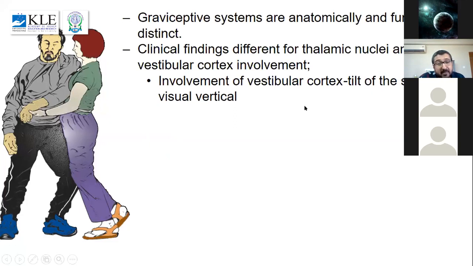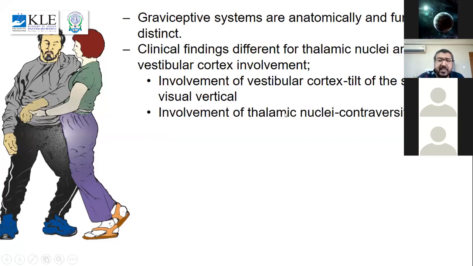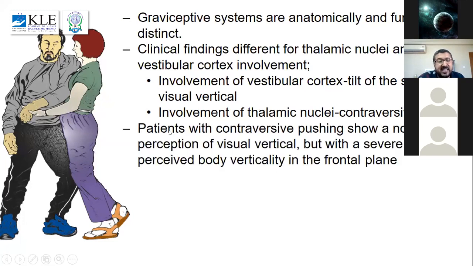But at the same time, though it is tilted, they will not have any heavy apprehension, and the pushing phenomenon won't be there. Though they are tilted, the pushing nature won't be there. On the contrary, if there is involvement of the posterior lateral thalamic region, then there will be contraversive pushing. It is not just tilting alone, they tend to push also. You can see here, patients with contraversive pushing show a normal perception of visual vertical, but with a severe tilt of perceived body verticality in the frontal plane.